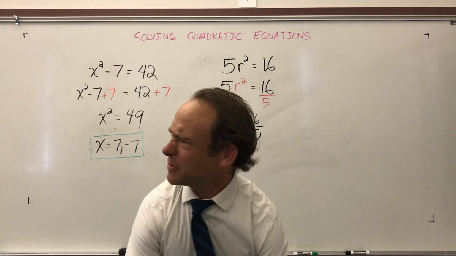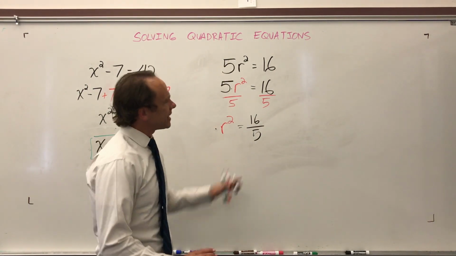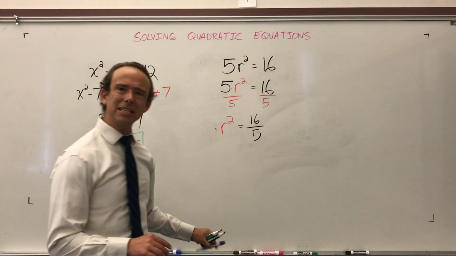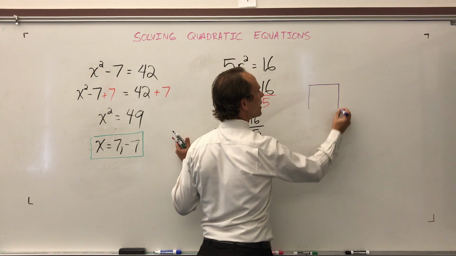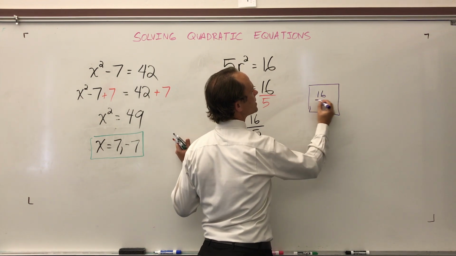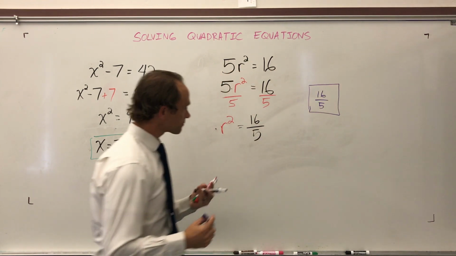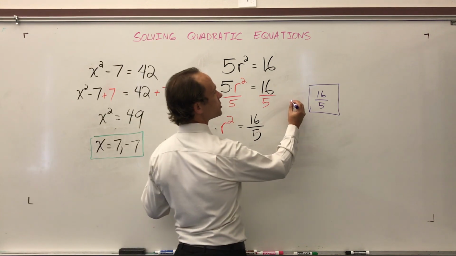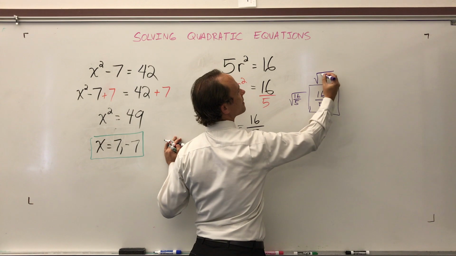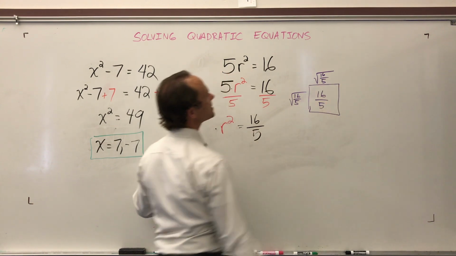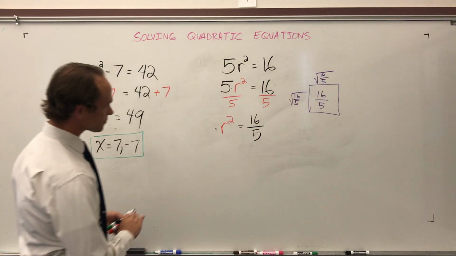Ooh, I know you're like, well, fractions, and it starts to look a little bit messy. It's not that messy. It's fine. We just have a square whose area is 16 over 5. So the geometric answer is it's the square root of 16 over 5. That's the geometric answer.